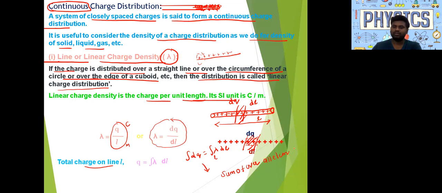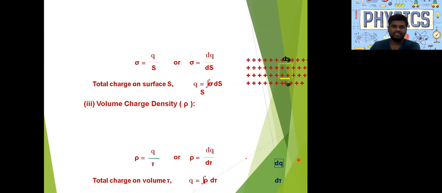Here we take one small part of this rod, and if we integrate, we'll get all the other parts. That's why we are taking the integration. Integration is the sum over all the elements. This is our linear charge density.